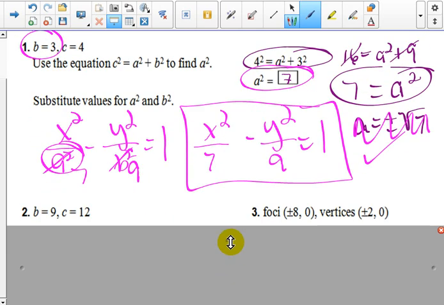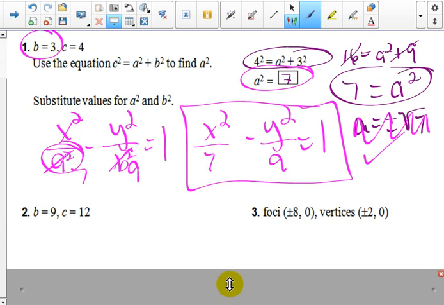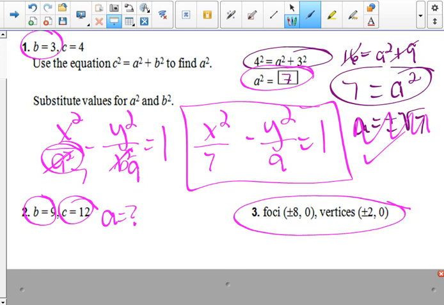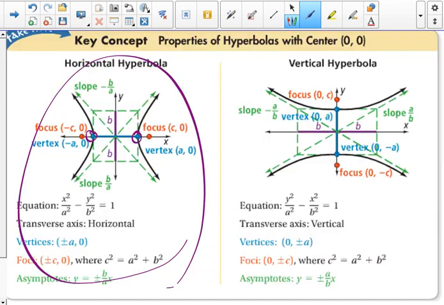So you will work 2 and 3 just like that. But remember, they're giving you different things. So on number 2, you get a B and a C, so you're going to solve for A. Your A is your unknown here. And over here, they give us the foci and the vertices. So let's look back at what foci are and what the vertices are.